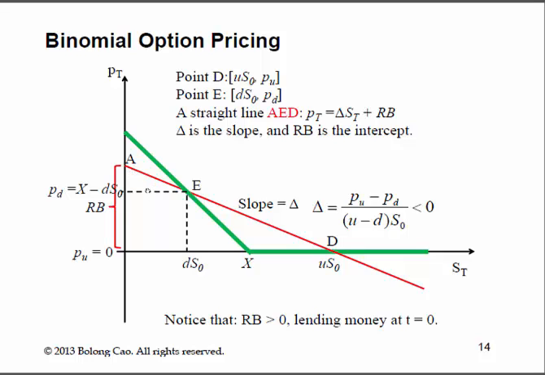In that way, if you think about the shorted share, delta S0, that's the shorted shares you have at time 0. At time t, at the expiration, the shorted position will be a liability.